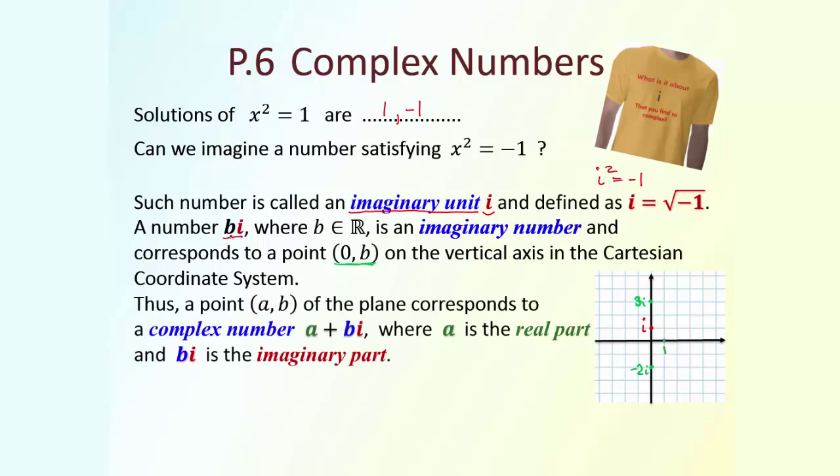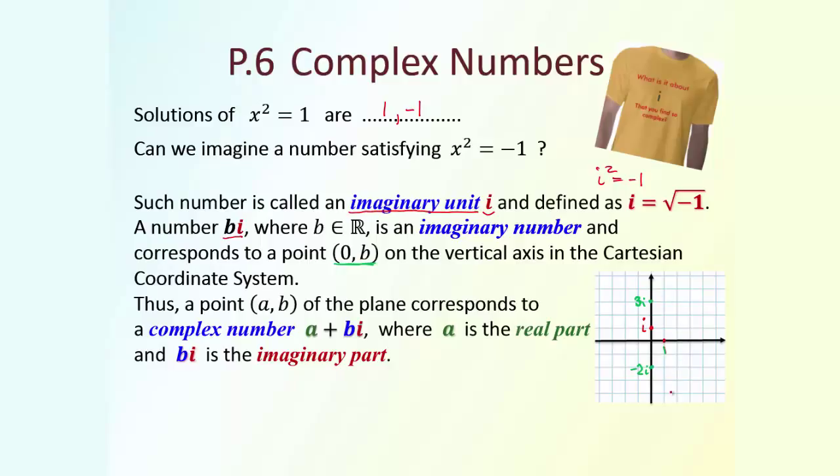So if a point bi can be located on the vertical axis, and a point a, where a is a real number, can be located on the horizontal axis, therefore a point that corresponds to the ordered pair of numbers a, b in the Cartesian coordinate system will correspond to the complex number that will be written a plus bi and will be located in a standard way.